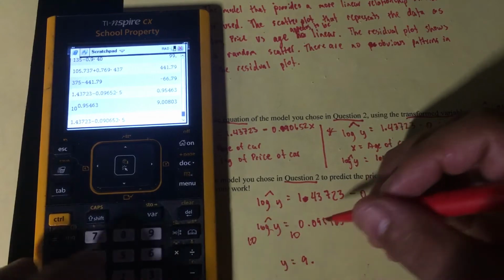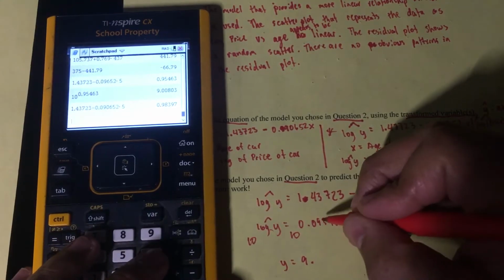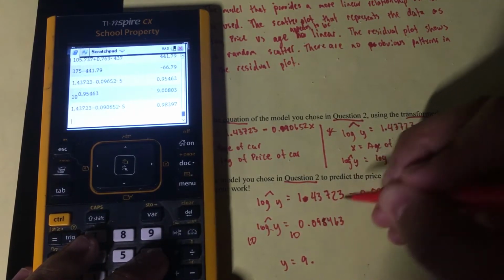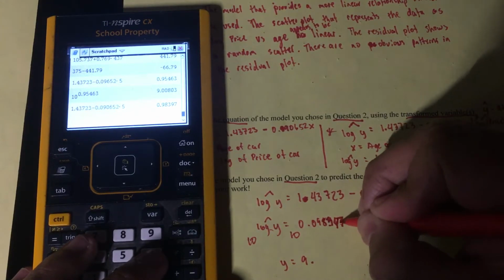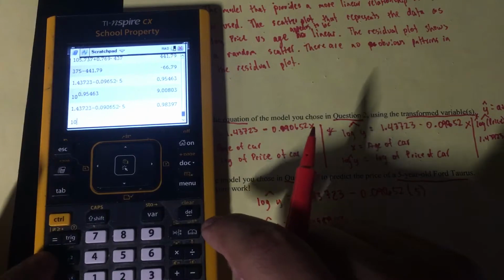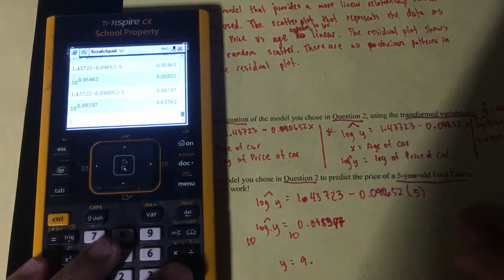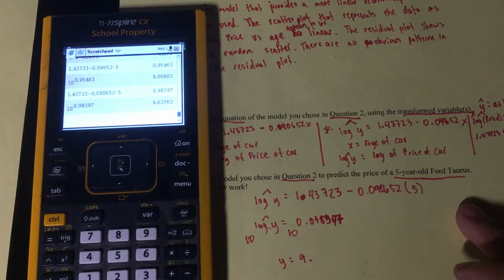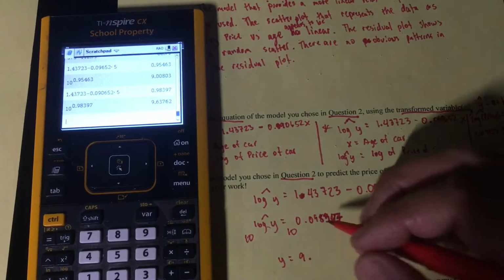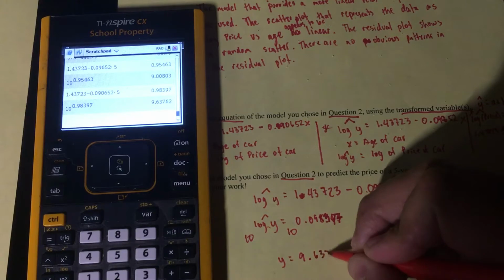So this number was 0.98397, my mistake. So the answer here should be 9.63762.